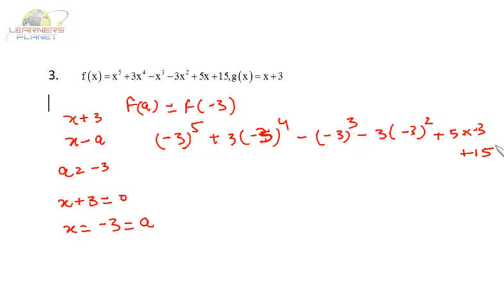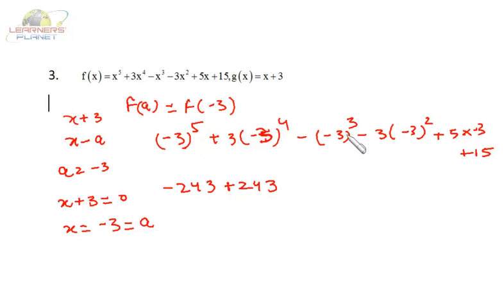Okay, now let's calculate. 3 raised to 5 is 243. So it's minus of 243. Since an odd power of a negative is there, here an even power of a negative is there, so we'll be getting 3 raised to 4 into 3, that is 3 raised to 5, but it will be positive. So it's positive 243. Here an odd power of a negative is there, so we'll be getting a negative value.